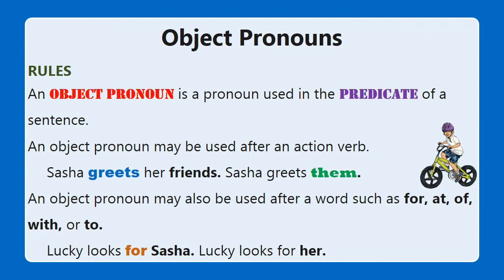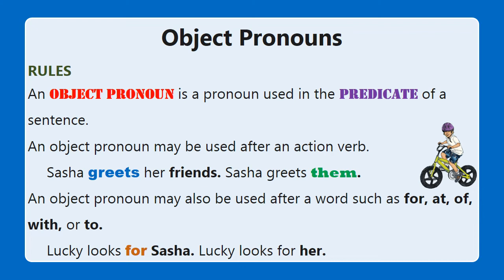Now, an object pronoun may also be used after a word such as for, at, of, with, or the word to. Let's look at this sentence. Lucy looks for Sasha. What is the verb in that sentence?